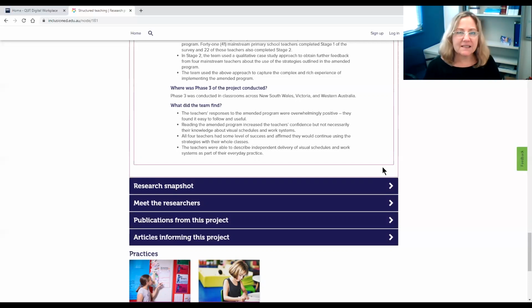So this is giving us a bit of information about that evidence-based practice. As part of the translation or mobilisation of that practice, this team have developed a program that supports teachers in their ability to apply both of those practices.